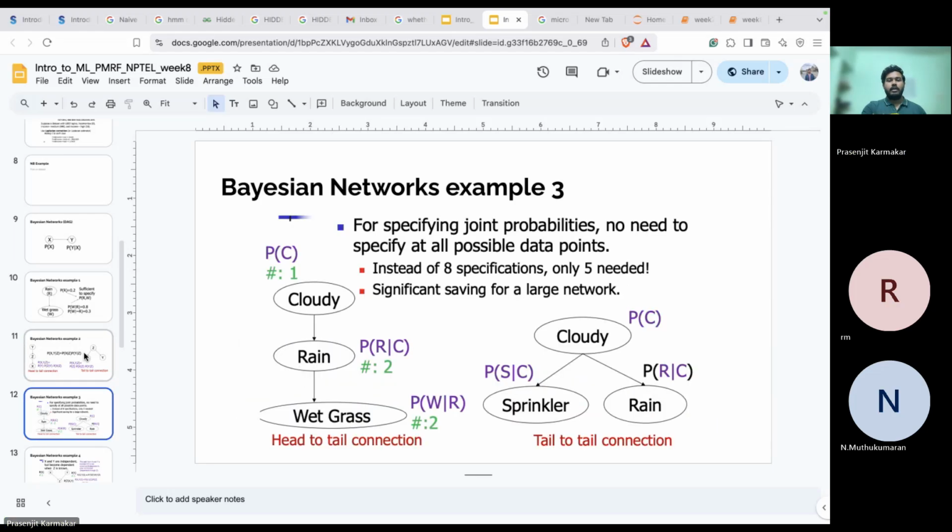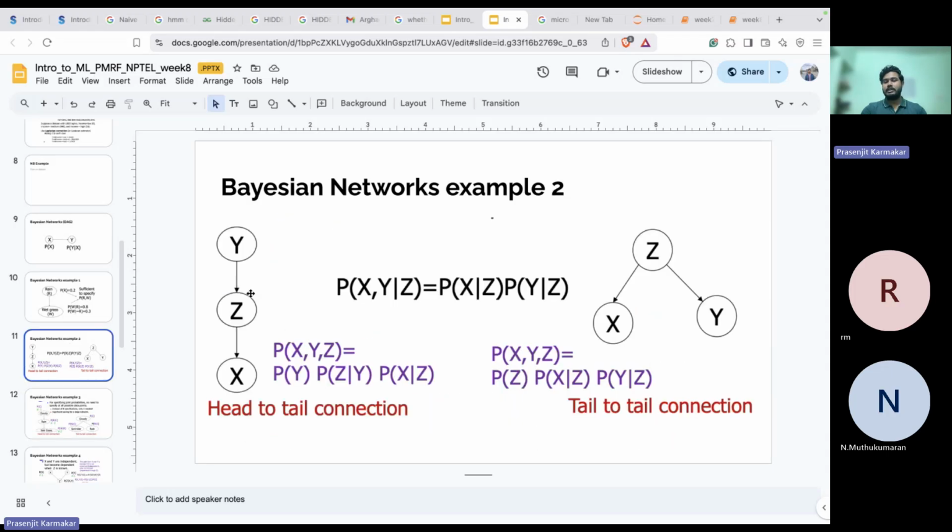Now this is another Bayesian network. See, cloudy: whenever rain is happening, there will be clouds before it. So the cloudy event directly influences rain, and rain influences wet grass. This is an example of this type of relationship in my feature space.